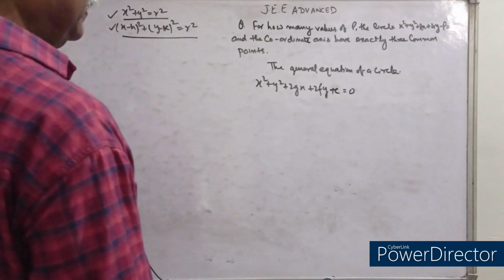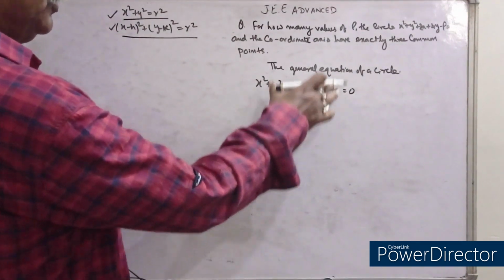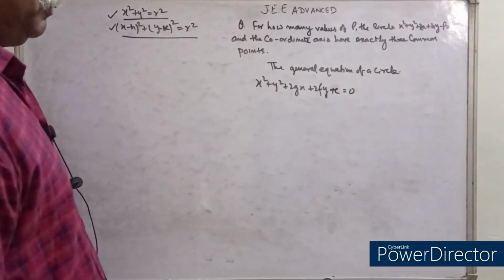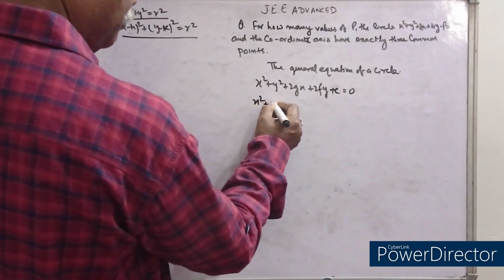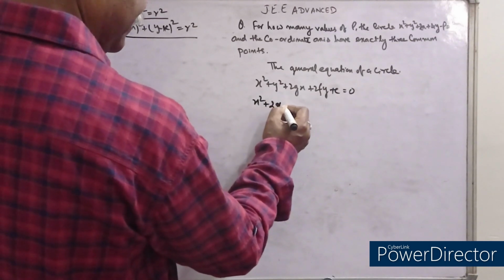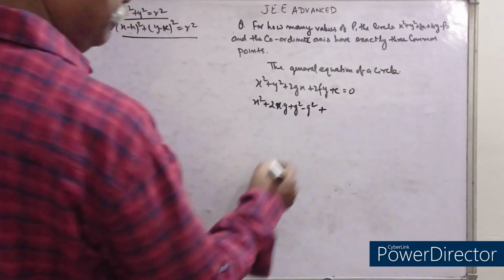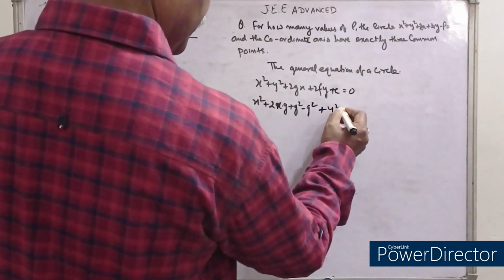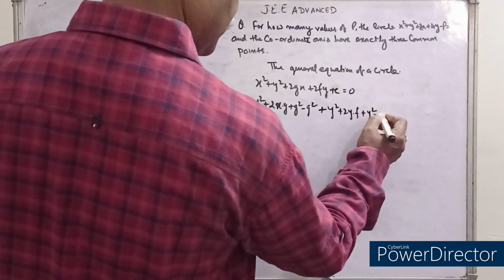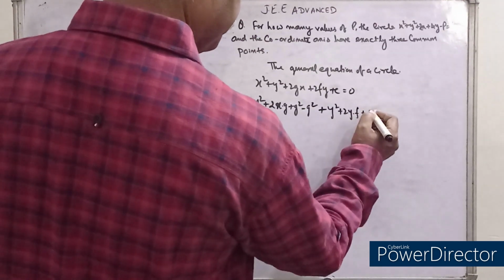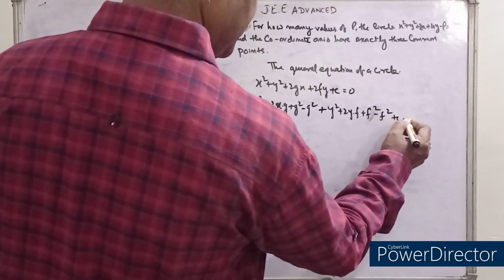First of all, I'm going to give the theory of it so that it will be easy for you to solve this problem. Here I'm going to complete the square: x square plus 2x into g plus g square minus g square, again y square plus 2y into f plus f square minus f square, and then plus c equal to 0.